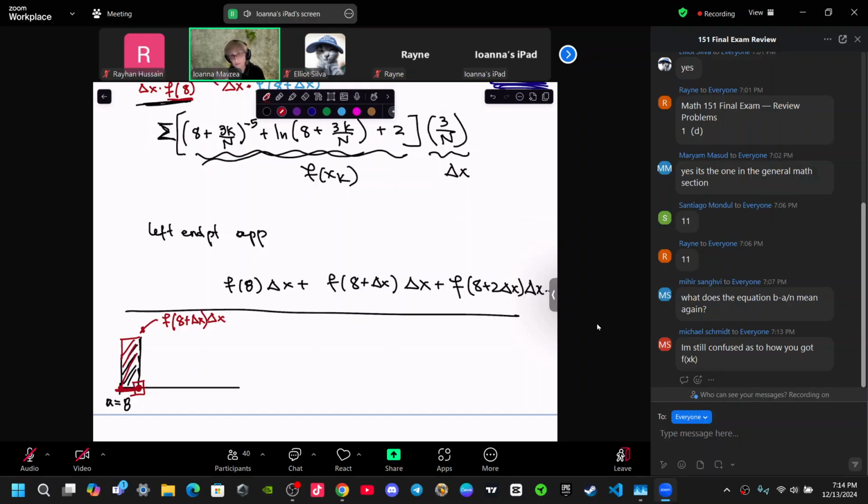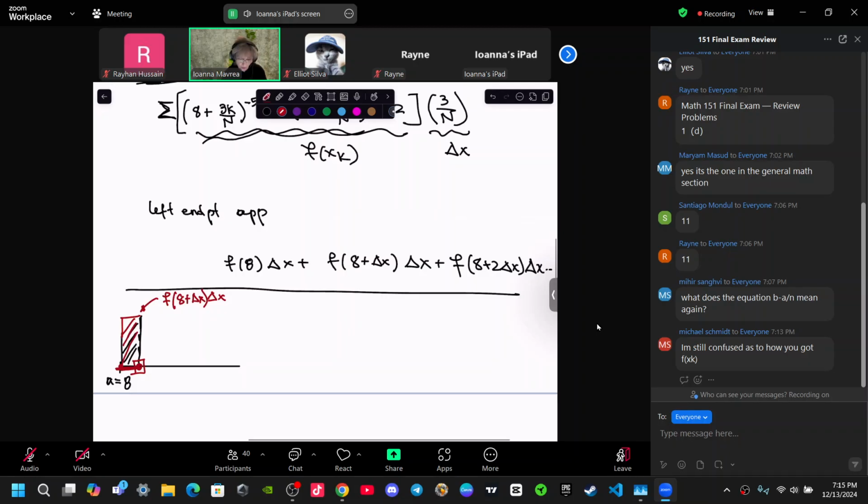in the sum, right? Now, the question doesn't ask, are you using left endpoint approximation or right endpoint approximation? It really doesn't care that you know which approximation they used. So even if you don't know which approximation they used, you can tell what the function is.